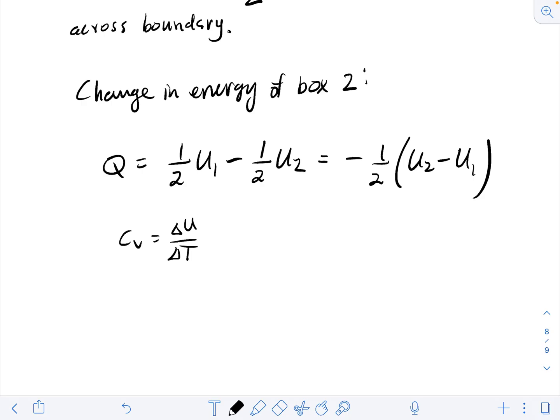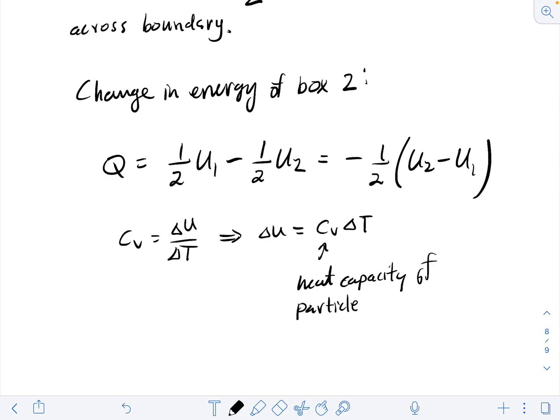And so this delta U we could write as the heat capacity times delta T. And this CV will be the heat capacity of particles in one box, right?